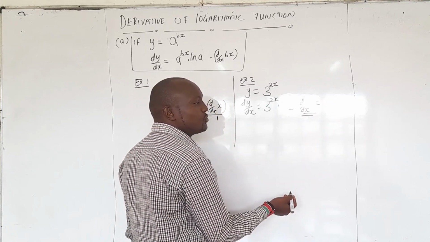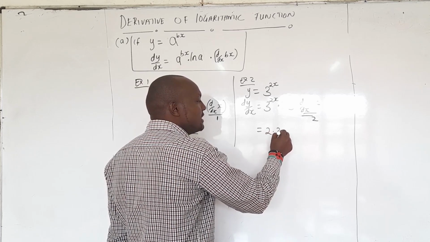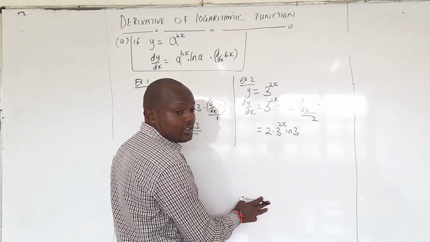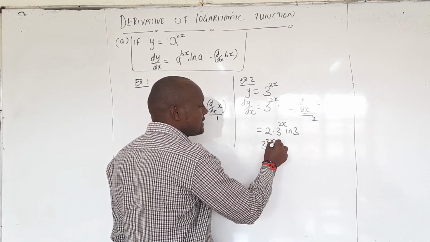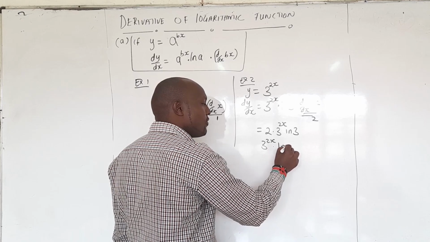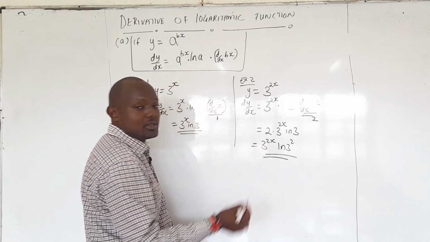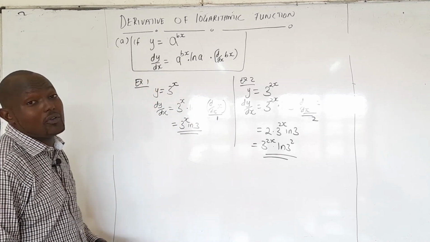And when you differentiate 2x, you get 2. So the answer will be 2 times 3 to power 2x natural log of 3. For those who know the law of logarithm, this can be 3 to power 2x natural log of 3 to power 2, which will be natural log of 9 if you want to simplify further.